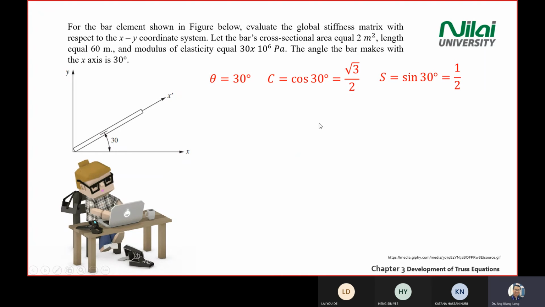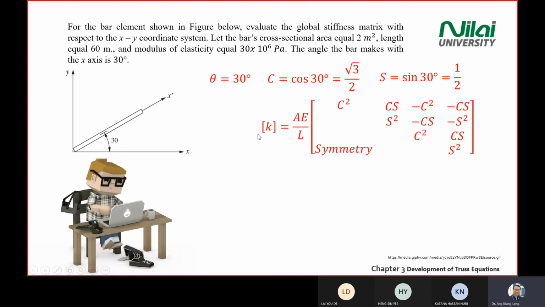So again, recall the stiffness matrix that we derived just now. K equals AE divided by L with the symmetric matrix here: C square, CS, minus C square, minus CS, and so on.